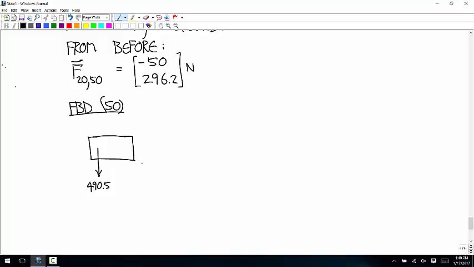And now going around the boundary, there's contact at the ground. With that double subscript notation, what would we call this? The force on the 50 produced by the ground.